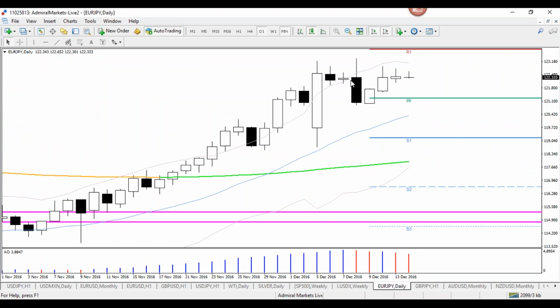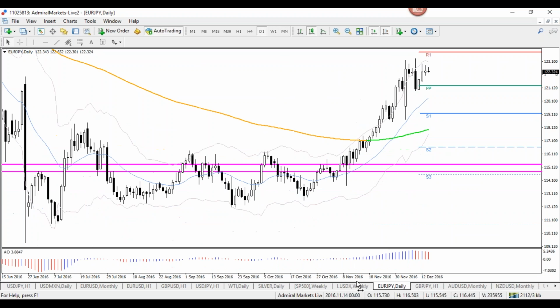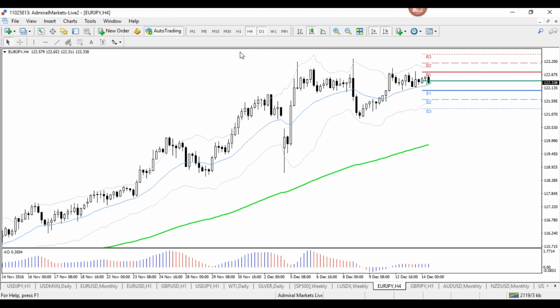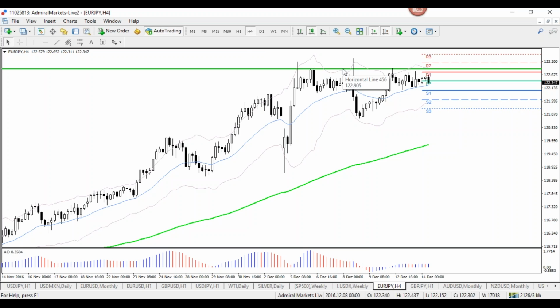Daily, this is a bearish candle, 2 bullish candles. Doji looks a bit shaky at this point. I would probably need to see a candle close above this top, this resistance level.